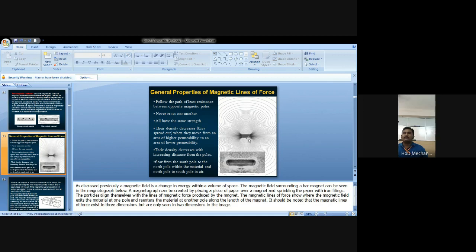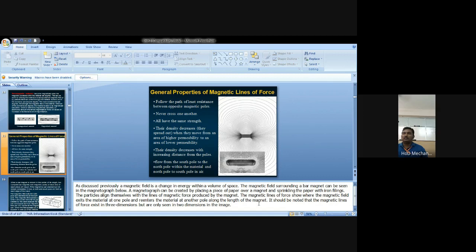In the magnetic field there is no deviation of one line curve with another line curve. Each line curve has a definite shape and size.